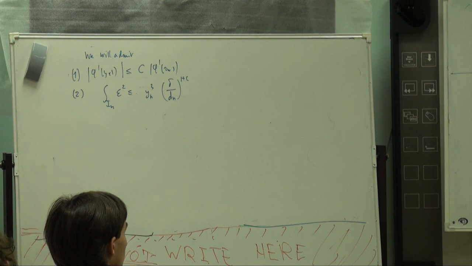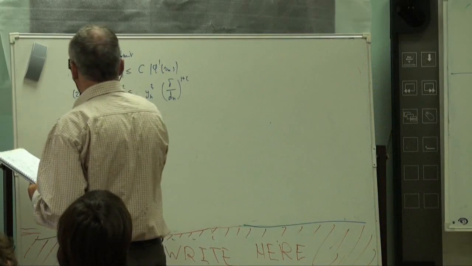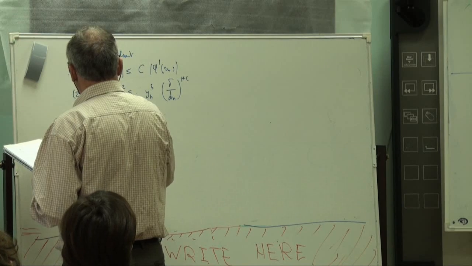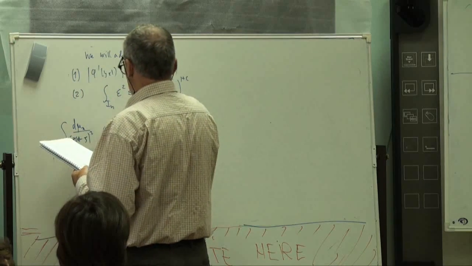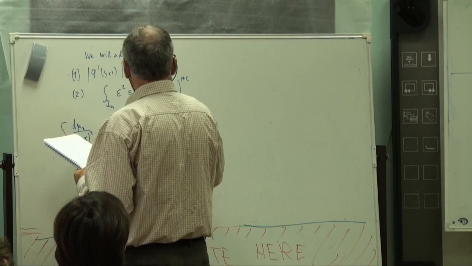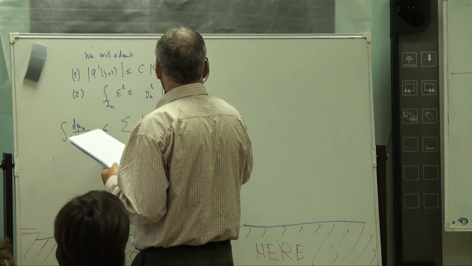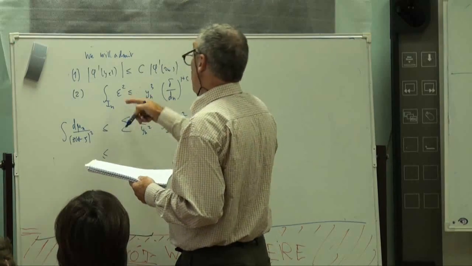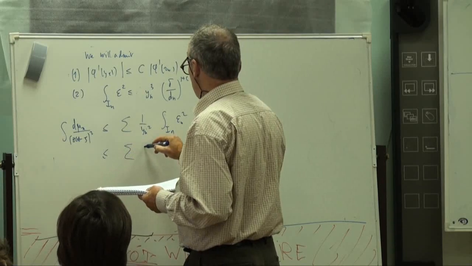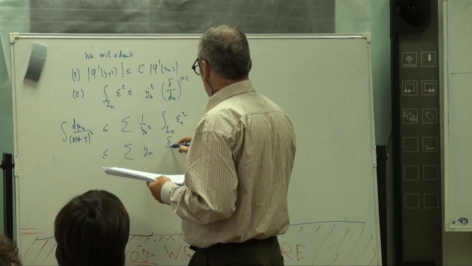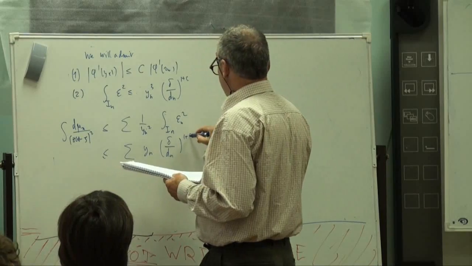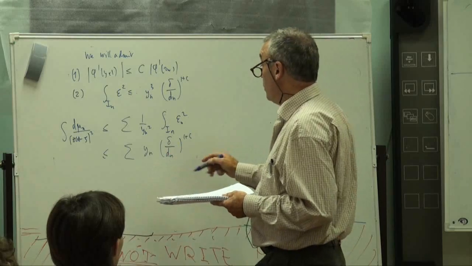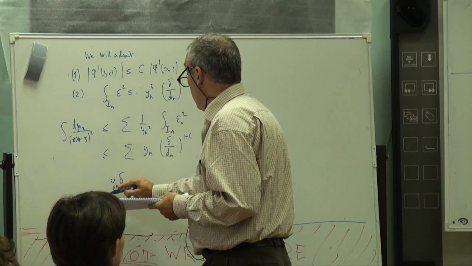Now we can finish because we have that the integral of d mu x over z of x minus zeta squared is less than the sum of y over n squared integral over In of epsilon squared, as I said. Using the second estimate, we get that this is the sum of yn delta over dn to the power 1 plus c. And now we take the power 1 here, so we get yn delta over dn.